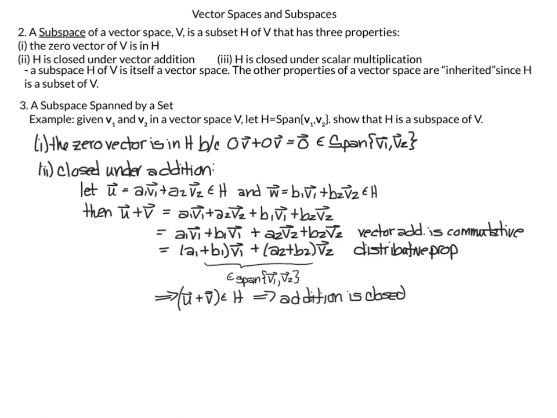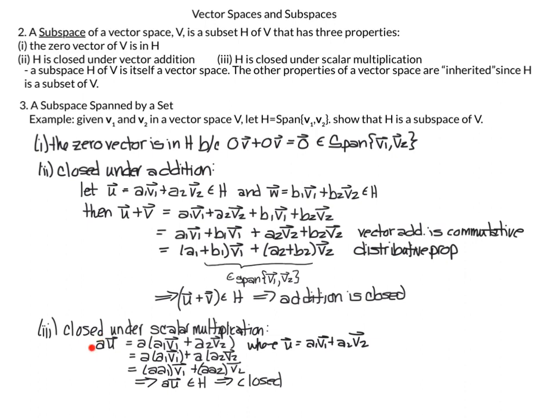So addition is closed. For scalar multiplication, I'm going to multiply some scalar a times my vector u, where u is a linear combination of v1, v2. So I have my scalar a times a1 v1 plus a2 v2. And because v1 and v2 are vectors in the vector space V, I can use this distribution, and I can distribute the a.